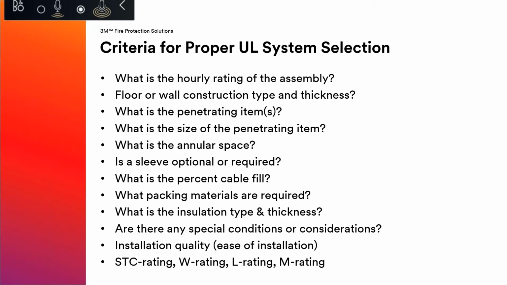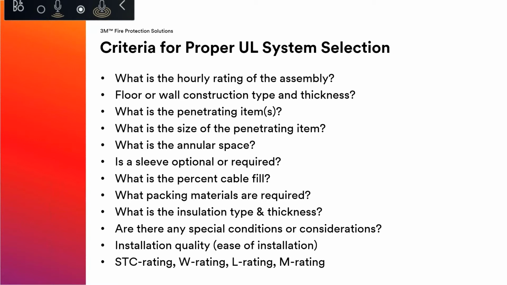You can save quite a bit of money if you know what the system entails. Sometimes we're installing twice as much firestop product as we need. If you're following the appropriate system, you might be able to install a 1/2 inch where you've always installed a 3/4 inch depth of material. So again, we want to understand exactly what the conditions are. Then we can choose the appropriate listed and tested assembly for you.